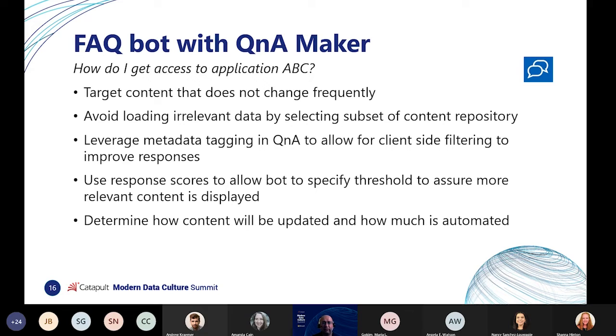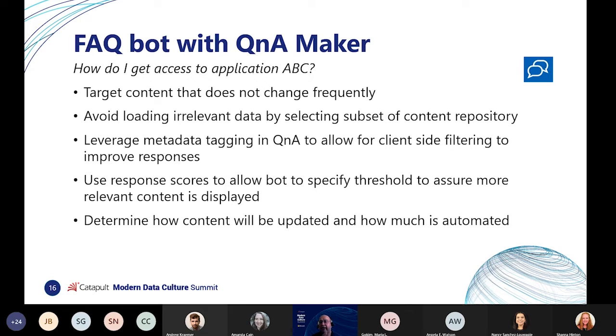A couple of things to watch out for is the actual content that you want to leverage for your FAQ. So here's an example: how do I get access to application ABC? That's the type of question that's a good candidate for an FAQ bot. Now, a question that would change very often, where the answer is pretty dynamic and may change hourly or daily, that's where things get a little bit fuzzy, and it may not be a good fit for Q&A.